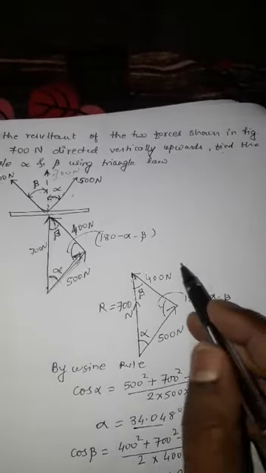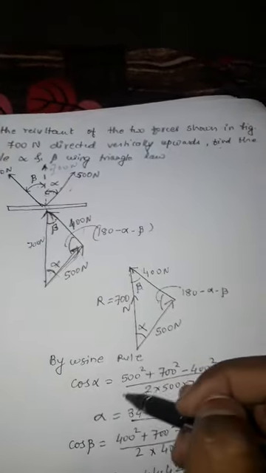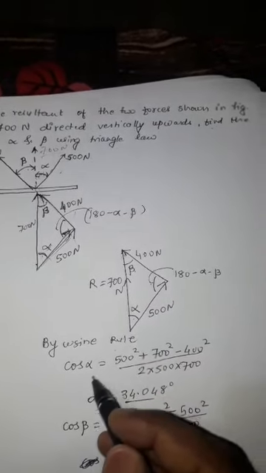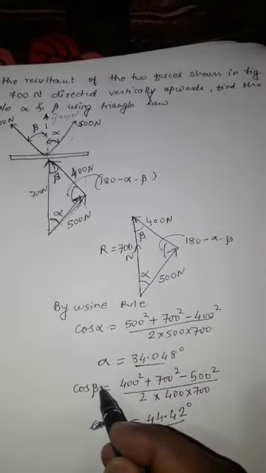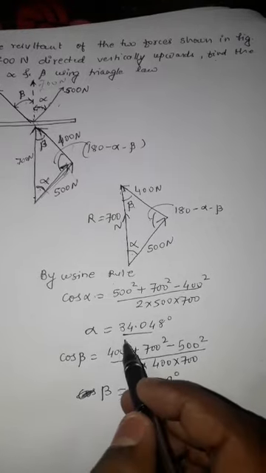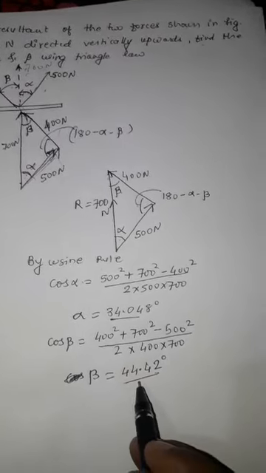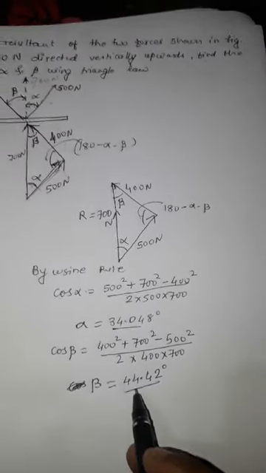Now I have drawn the individual figure of this triangle and applied the cosine rule. I know all three sides, so I directly applied cos alpha and cos beta. So I have got the value of alpha as 34.048 and beta as 44.42.